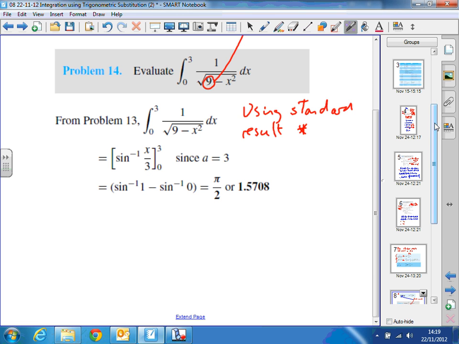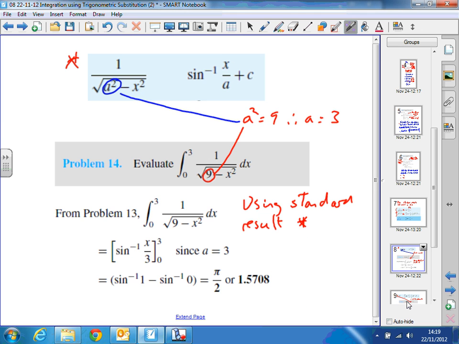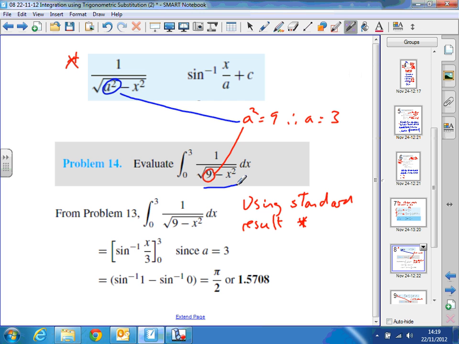If I look back at the table, you can see it at the bottom, look, number 10. And again, you'll get this table of results, or the ones you need anyway, in the exam. Yes, it is quite straightforward, but that's because we've recognized that it's a standard integral and what it is.